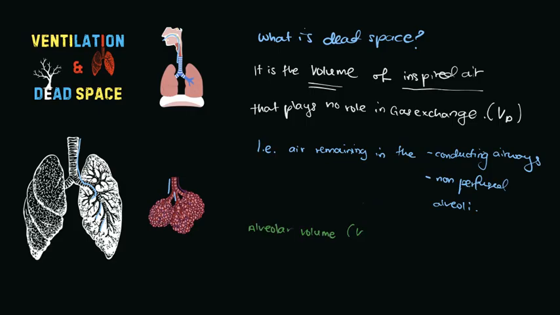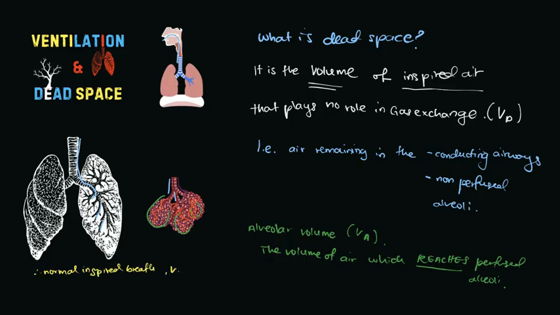On the other hand, alveolar volume, written as VA, is the volume of air which reaches the perfused alveoli. Think of alveolar volume as the complete opposite of dead space. The diagram shows the portion of alveolar volume where the air eventually reaches the alveoli which is perfused, so carbon dioxide and oxygen exchange can occur.